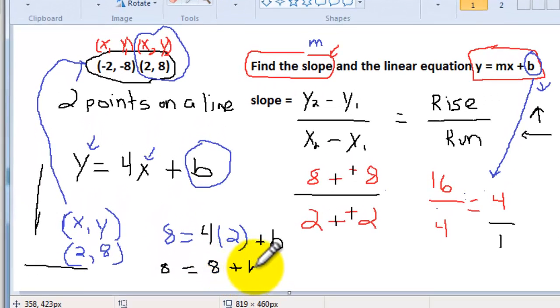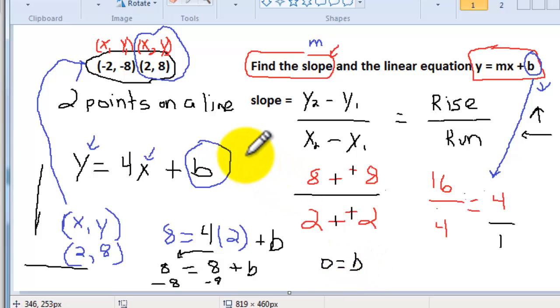All right. We want to move this 8 here with the other 8, with the like term. This is a positive 8, so we subtract 8 from both sides. Oh my gosh, what happens? We get a 0 on both sides, but that's okay. 0 equals b. Our y-intercept then equals 0.